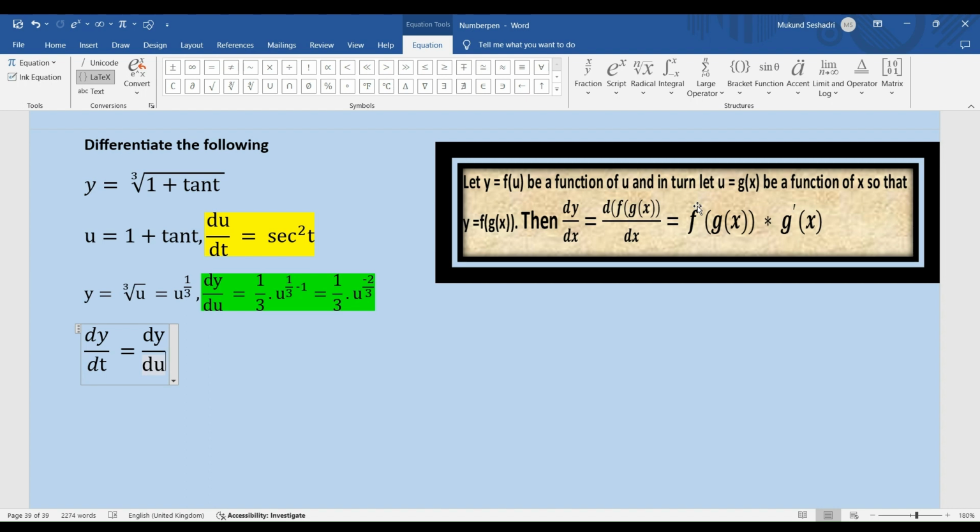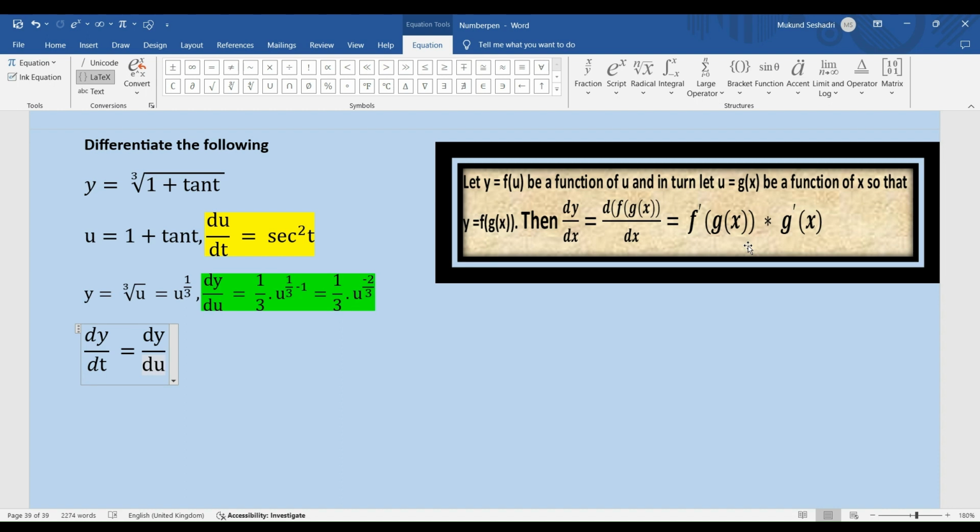When I do the substitution u equals g of x, the expression f dashed of g of x, the first expression in the answer, is actually your dy by du. I'm just drawing a parallel to the chain rule pasted here.